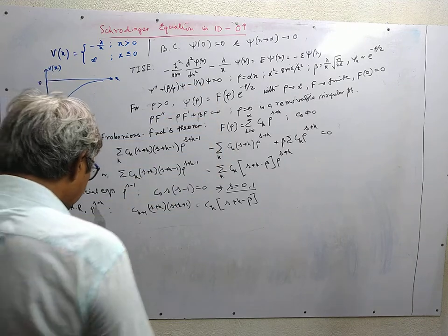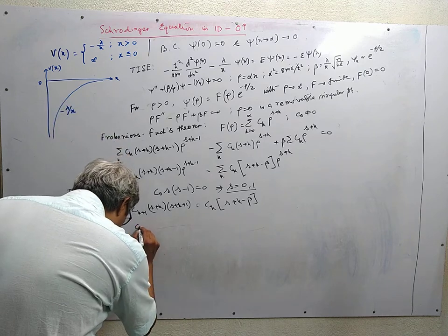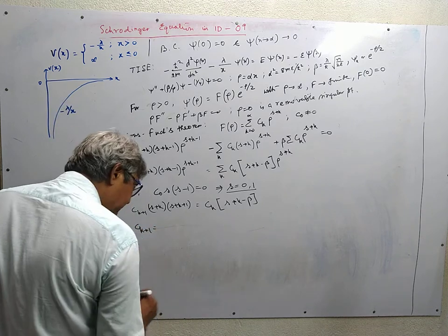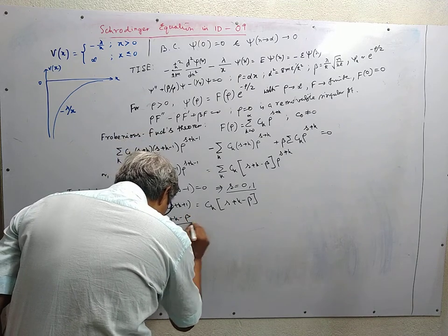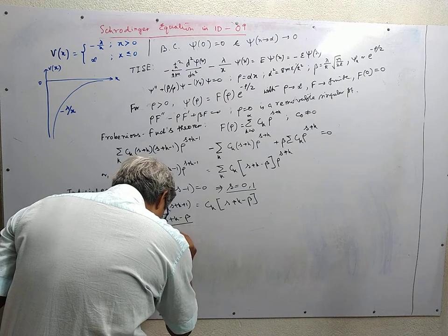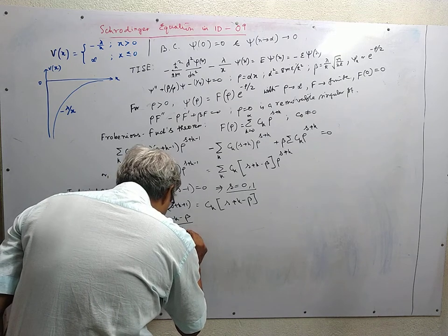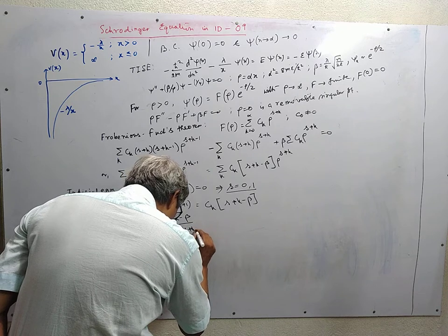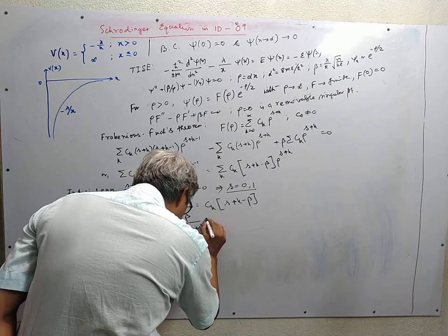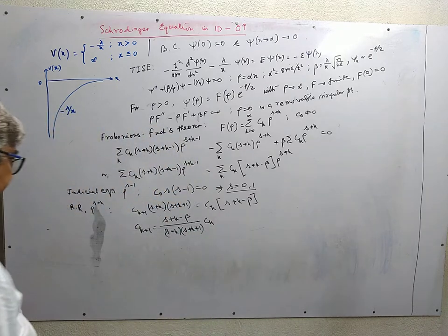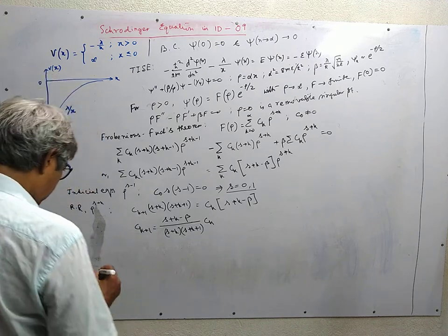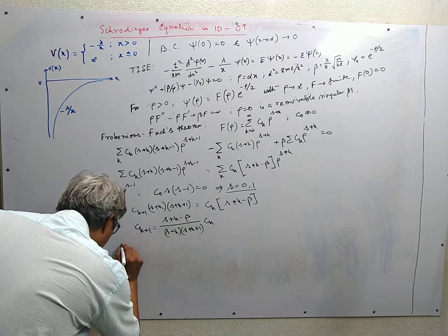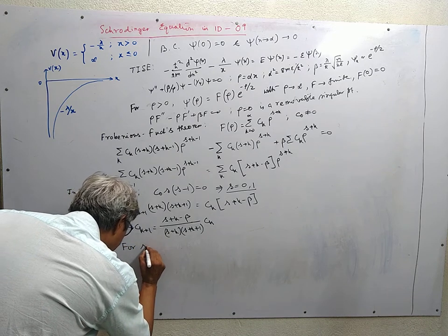So ck, again ck is coming, k plus 1 is equal to, for s is equal to 0, this becomes... I think this portion of the board is visible to you.